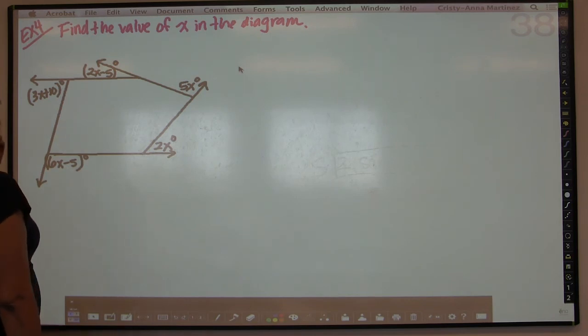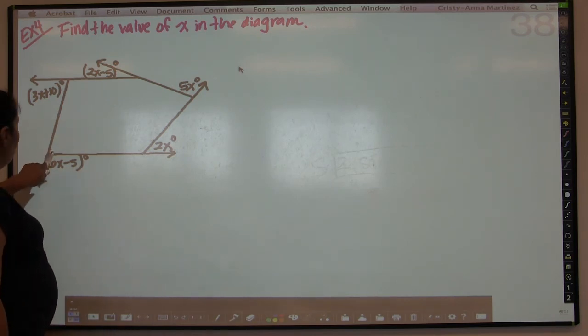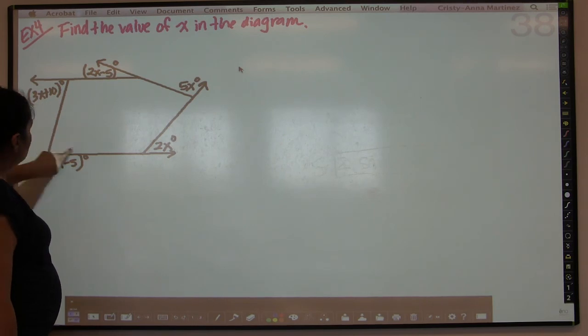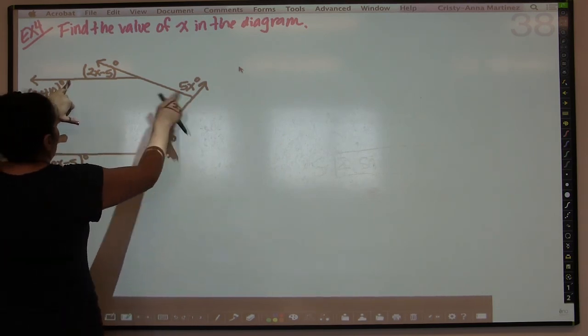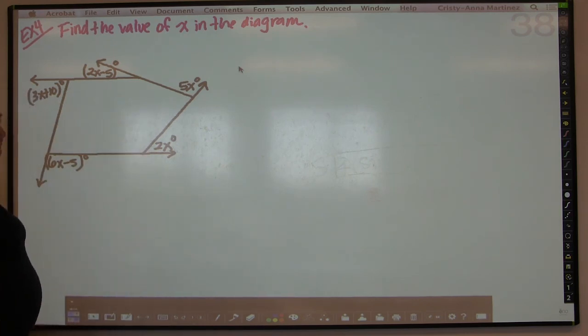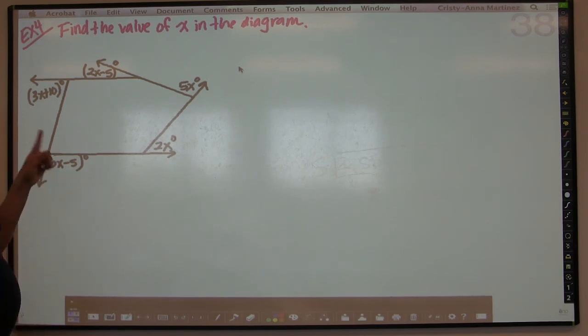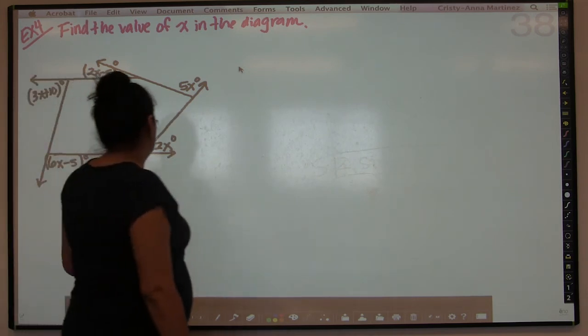So what we know is that we have a pentagon here. 1, 2, 3, 4, 5. There are 5 exterior angles here. So we know that the sum of all of the exterior angles, as long as there's only one at each vertex, if we add them all up, they should add up to 360. So it's going to be very simple.